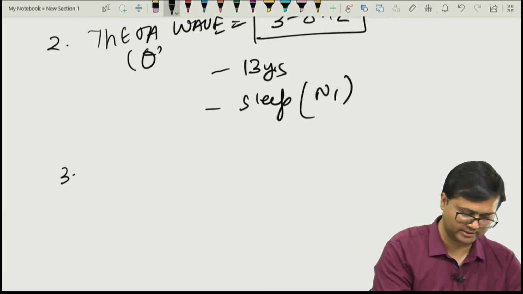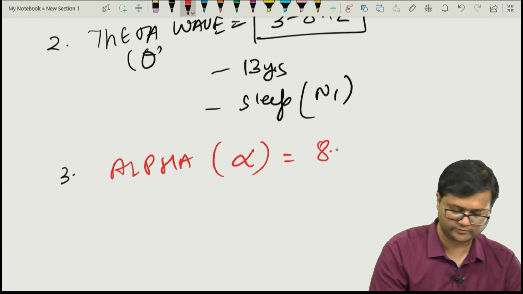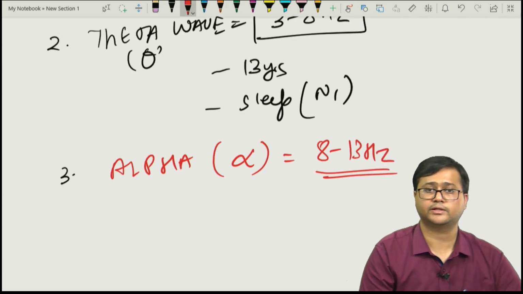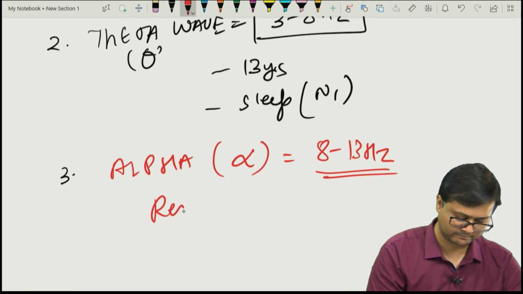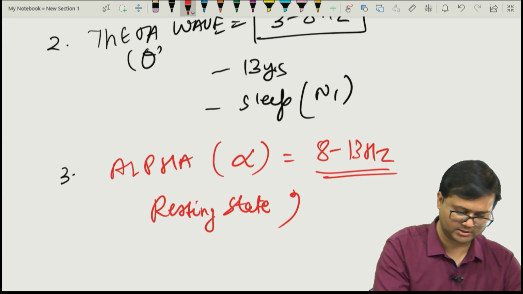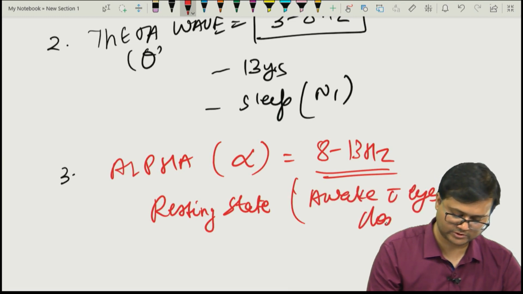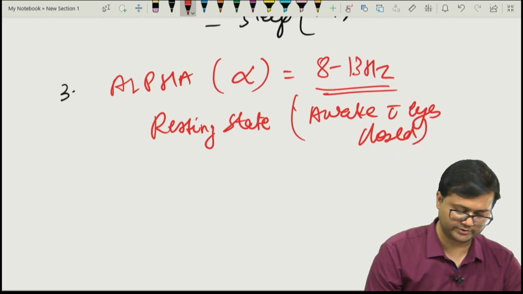Then third are the alpha waves. They have a frequency of 8 to 13 hertz. They are generally seen in the resting state, when the person is awake with eyes closed. So then we will see alpha waves.